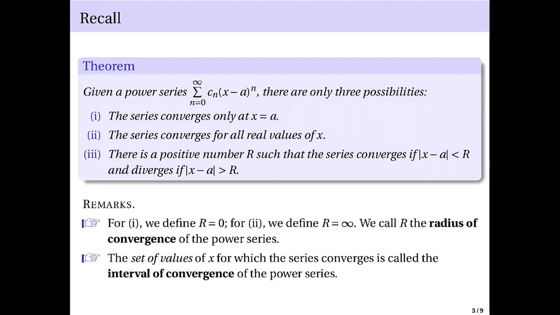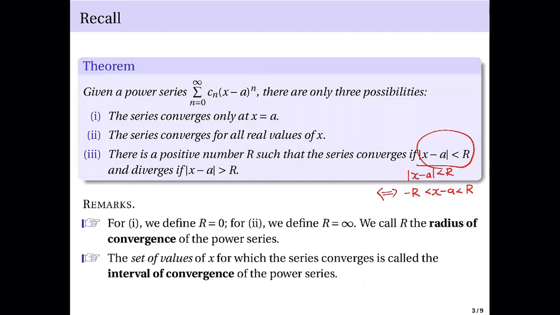Okay, so let me just recall what this means here. So this means the absolute value of x minus a is less than r. Okay, you have negative r less than x minus a less than r. Actually this is an if and only if statement. So from here you can go to this, or from this you can go to the one above here.